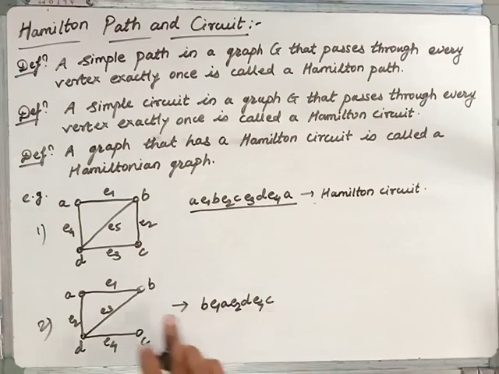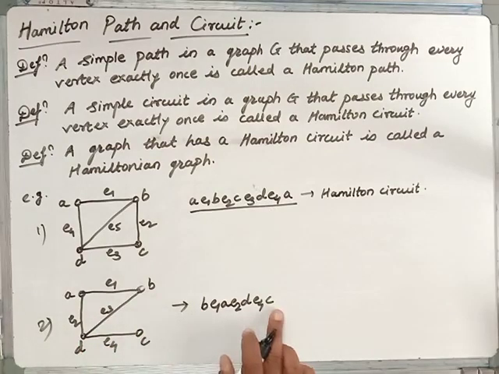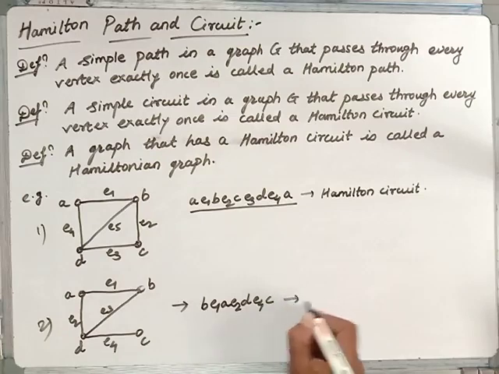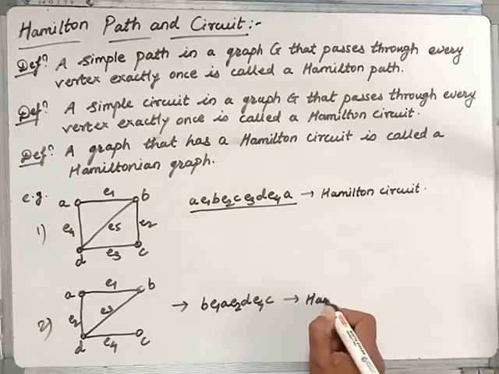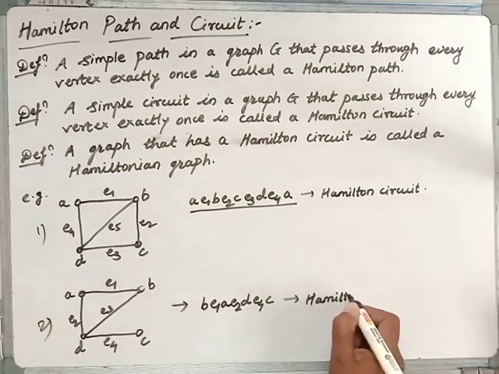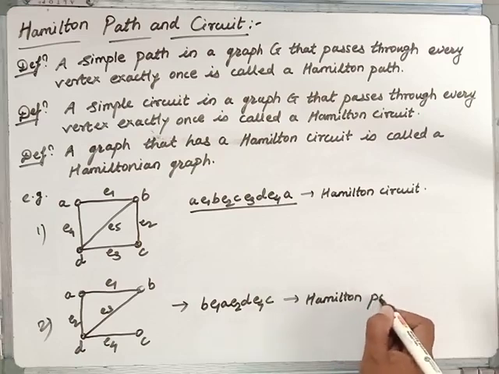All the vertices A, B, C, D are coming here. But it is not a circuit because the initial and the last vertices are not the same. So it is not a circuit. So what is it? It is a Hamilton path. This is the Hamilton path.